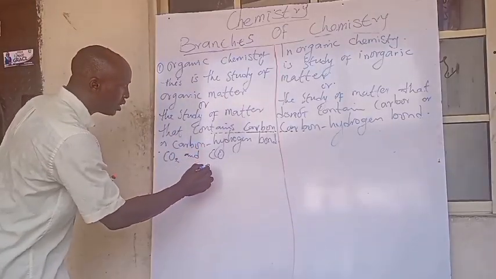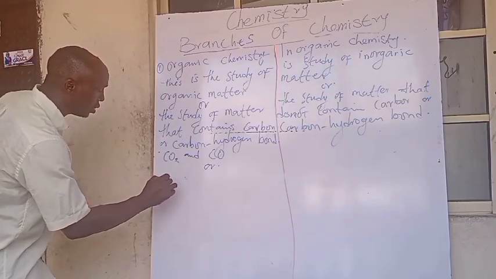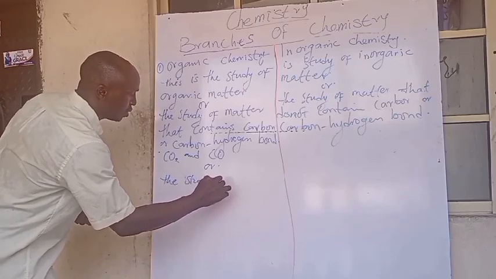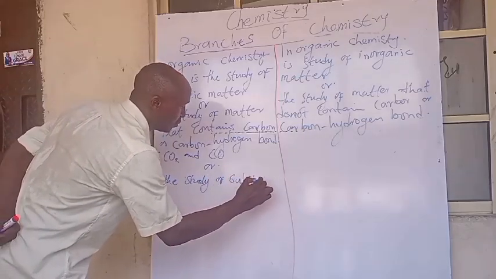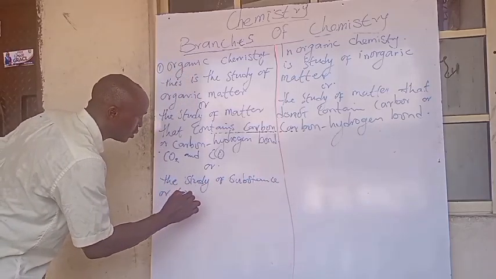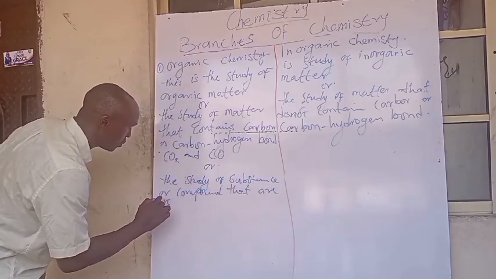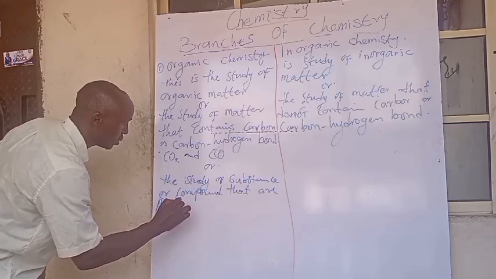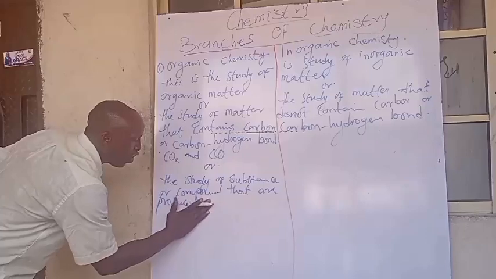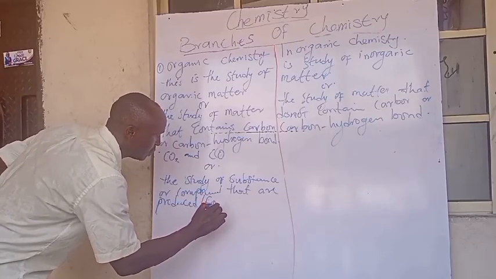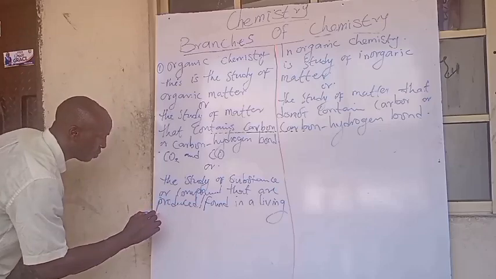If you also go further to define what organic chemistry is, you can say it is the study of matter, of substances or compounds that are produced by or found in a living thing.